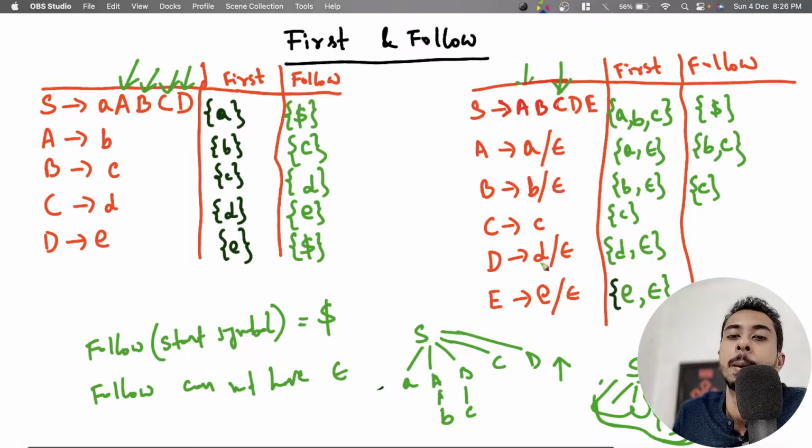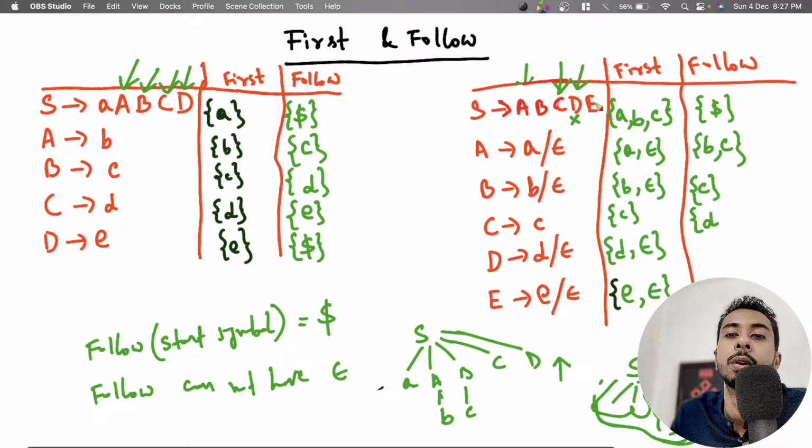What is follow of C? So follow of C is first of D. What is first of D? It is small d and also epsilon. So this D can be vanished, right?